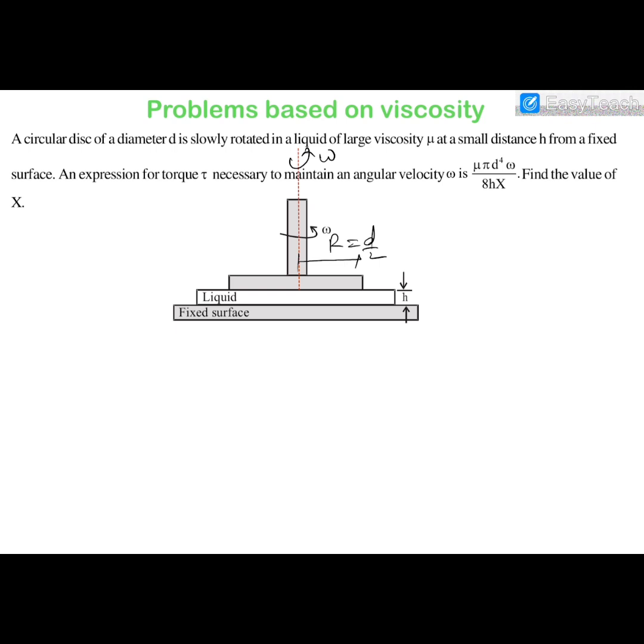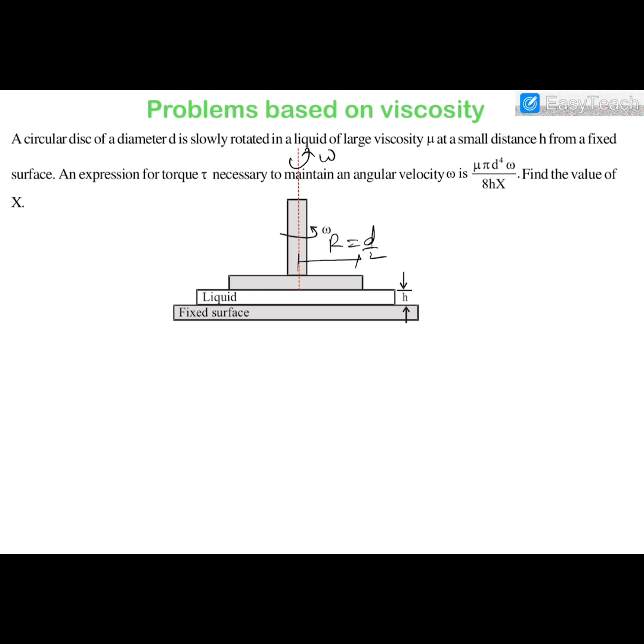So we have to find out that torque which we need to apply on the disk so that it keeps on rotating with a constant angular velocity. So obviously the torque applied by us should be numerically equal to the torque applied by the viscous liquid on the disk. So we just need to find out the torque applied by the viscous liquid on the disk.